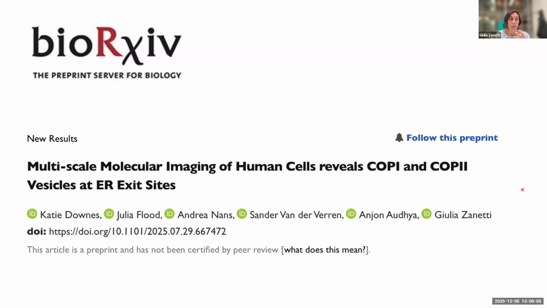We came together to tackle the outstanding question of how membranes are organized at mammalian ER exit sites. John's lab has great cell biology and fluorescence microscopy expertise and toolkit, while we are experts in cryo-electron tomography. So we joined forces to obtain a multi-scale molecular view of the early secretory pathway compartments in human cells. I will start with a brief introduction and a summary of the outstanding questions before I dive into the paper figure by figure.